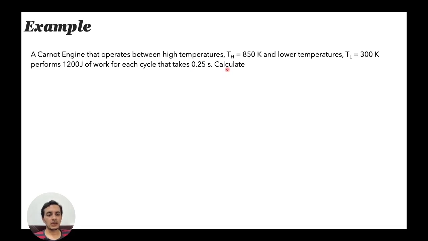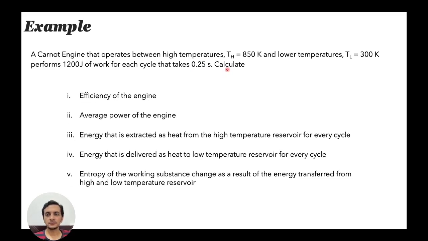We have to calculate a number of things. Number 1, the efficiency of the engine. Number 2, the average power of the engine. Number 3, the energy that is extracted as heat from the high temperature reservoir for every cycle, meaning QH. Number 4, the energy that is delivered as heat to the low temperature reservoir for every cycle, meaning we have to calculate QL.